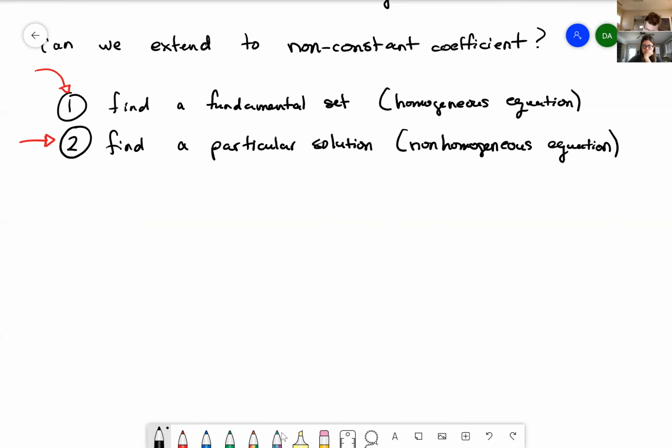And the answer is we start with a new tool, and that tool is series solution.